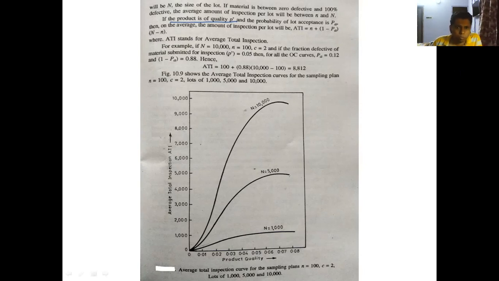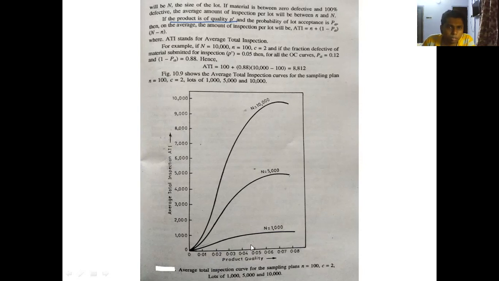Okay, so here actually you can see the graph. They have given an example, and they have found out the result for average total inspection. It is 8,812, and you can see that this is for P dash equal to 0.05, which is representing the product quality. So along the x-axis, the product quality is represented, and along the y-axis, average total inspection or ATI is represented.